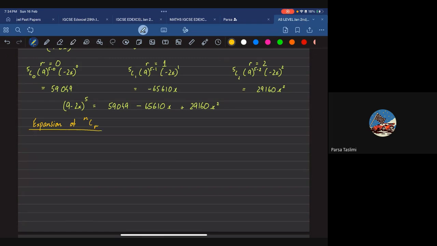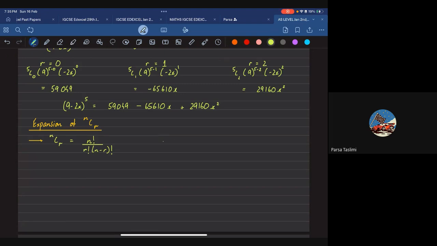We already know that nCr is equal to n factorial over r factorial times n minus r factorial. Clear? This rarely happens, but it can.